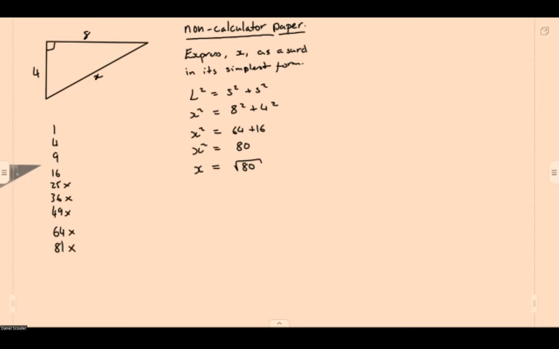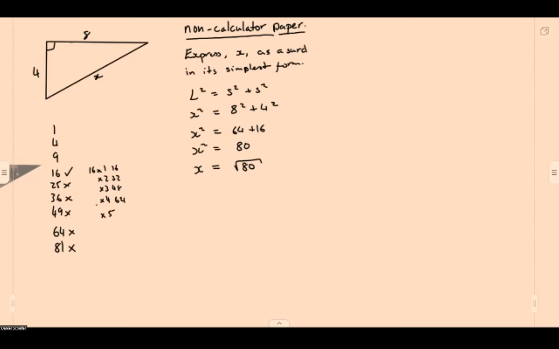16 does. All right, so if you look at 16 times 1, 16 times 2, 32, times 3, 48, times 4, 64.